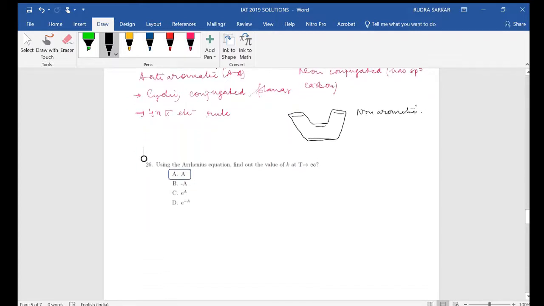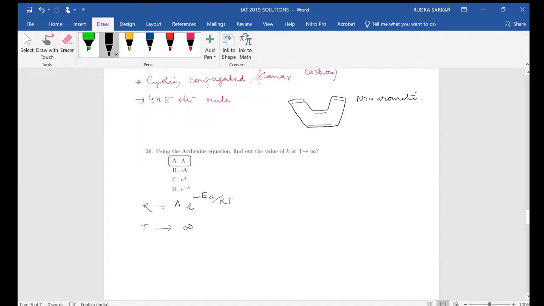Using the Arrhenius equation, find out the value of K at T equal to infinity. Now what is our Arrhenius equation? Rate constant K is equal to A, that is the Arrhenius constant, e to the power minus EA, that is the activation energy, divided by RT. Now the condition out here is T is going to infinity.